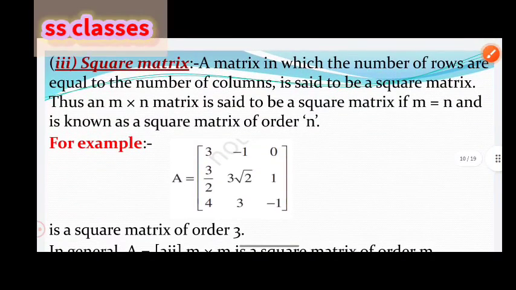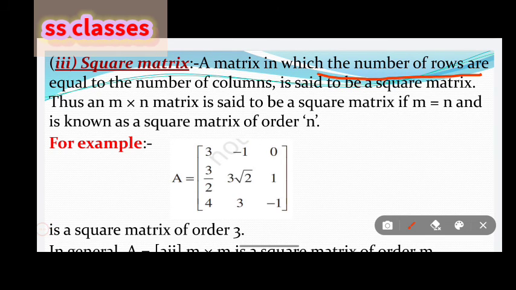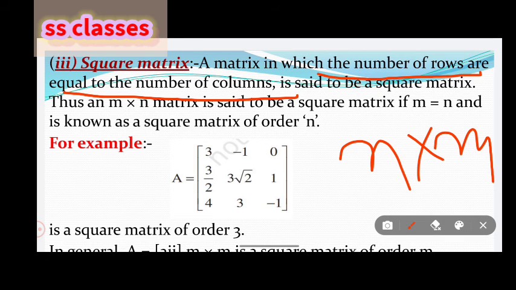And now the square matrix. A matrix in which the number of rows is equal to the number of columns.